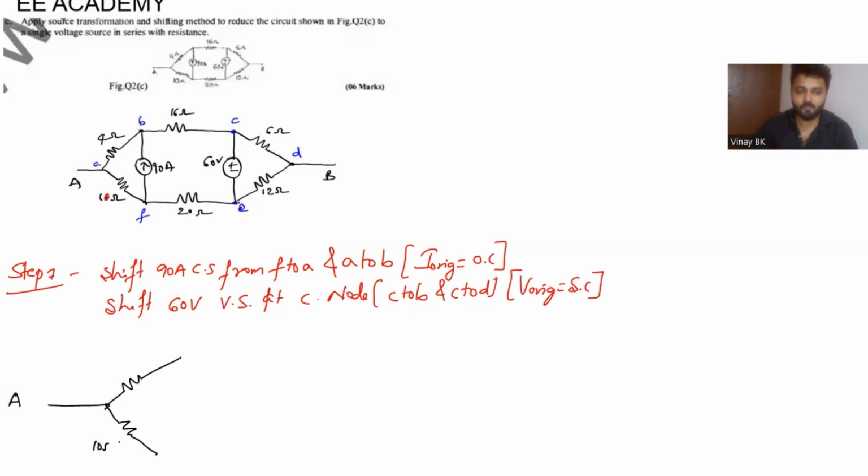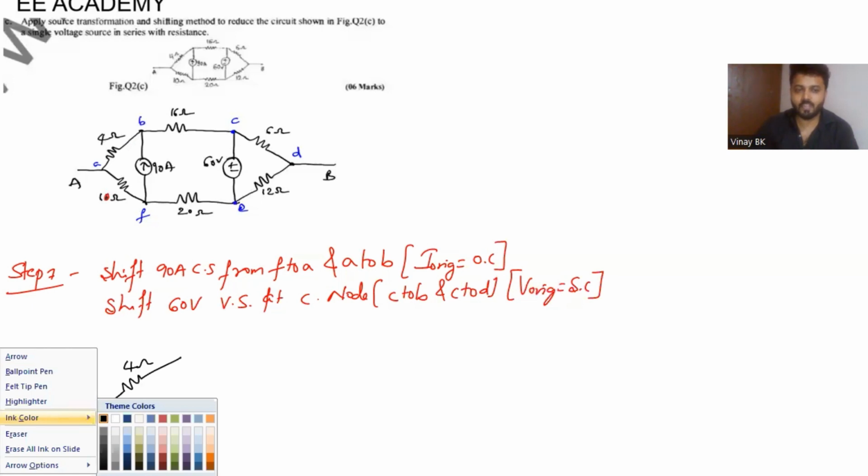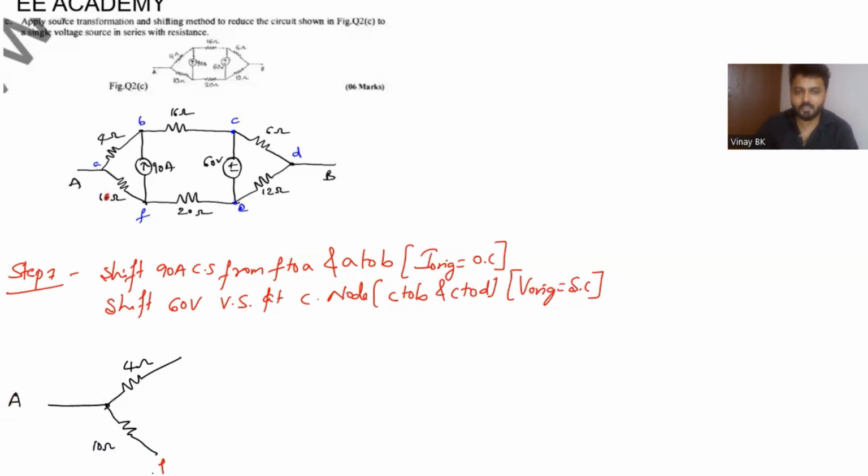In step 1, you're shifting the current source from F to A. This is F, this is A, and this is B. The direction is F to A, and the value of the current source is 90 amperes. Similarly, from A to B, the value of current is 90 amperes.